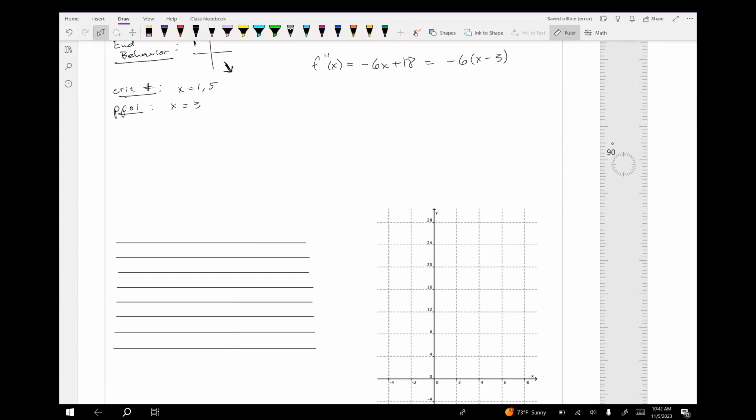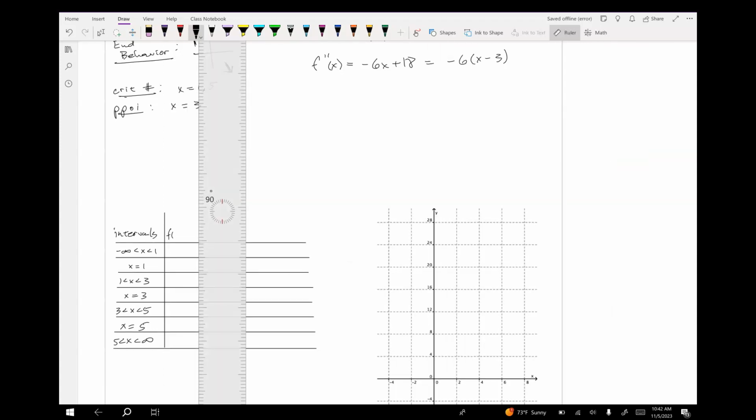So our first critical number is 1, so we're going to create an interval from -infinity, less than x, less than 1, then see what's happening at x equals 1, and then our next point of interest, shall we say, is the possible point of inflection at 3, so we'll go 1 less than x less than 3, x equals 3, and then 3 less than x less than 5, x equals 5, and then 5 less than x less than infinity. So these are our intervals.